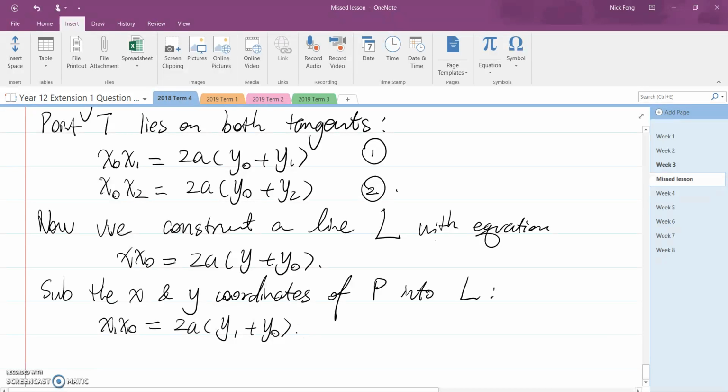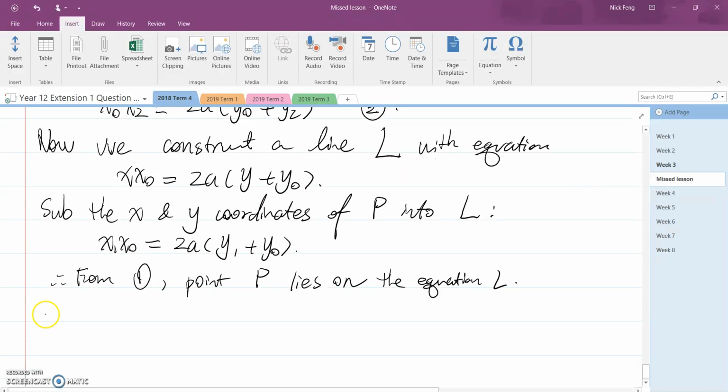And this is basically my equation 1 that I have proven is always true. Therefore, from equation 1, I know point P lies on the equation L.